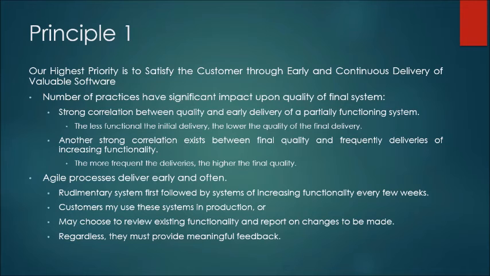If you start delivering a functional product right in the beginning, then definitely the final quality of the product will be very good. Another strong correlation exists between final quality and frequent deliveries of increasing functionality. The more frequent the deliveries are, the higher the final quality of the product.